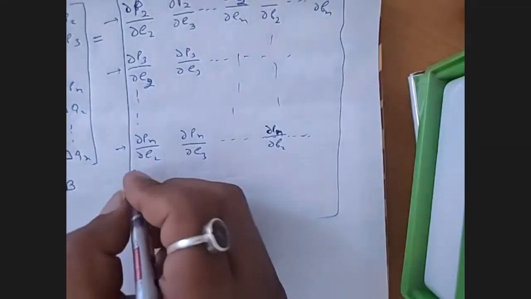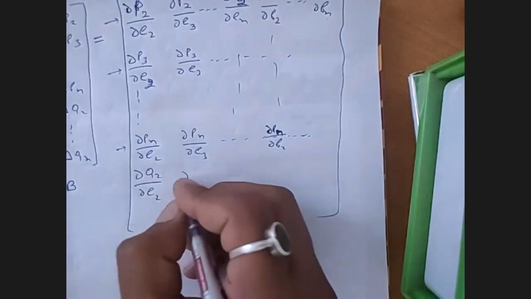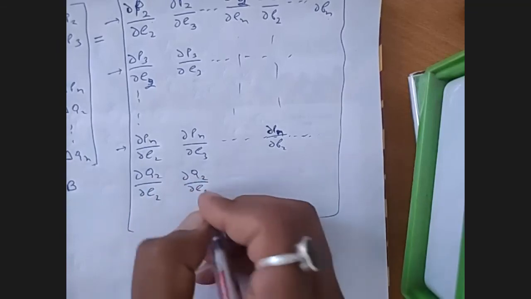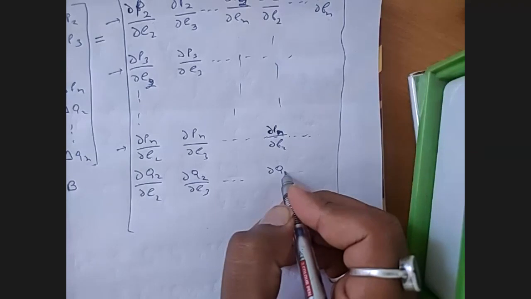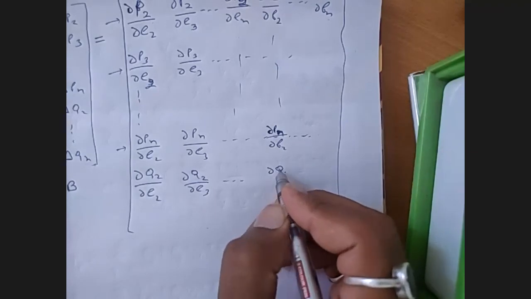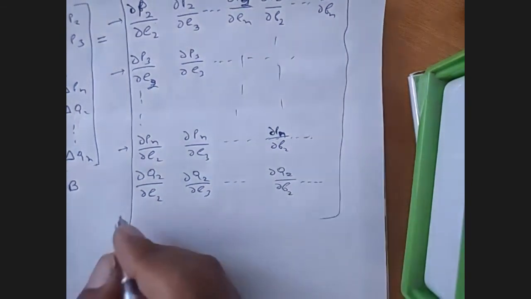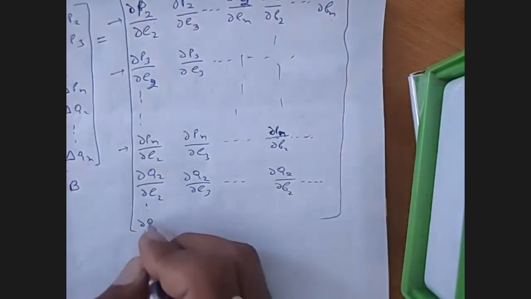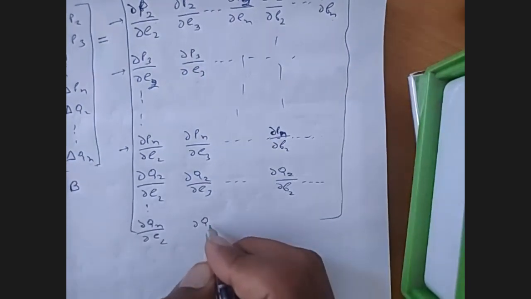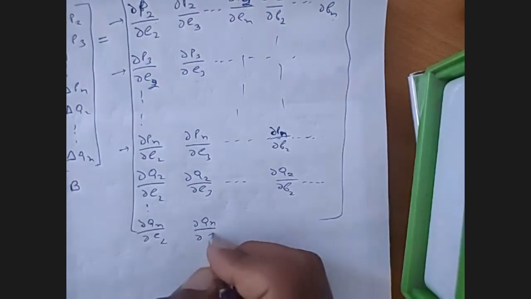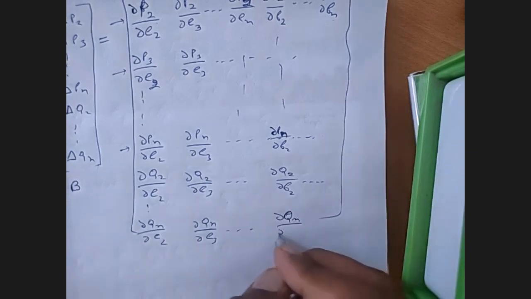And similarly, then it will be delta Q2 upon delta E2, delta Q2 upon delta E3 and delta Q2 upon delta F2 and so on, till delta Qn upon delta E2, delta Qn upon delta E3 and delta Qn upon delta F2 and so on.